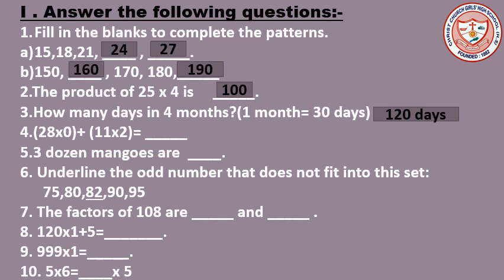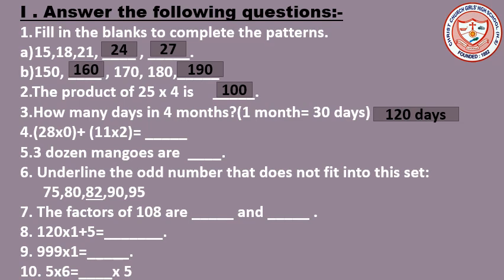Next, number 4. 28 into 0 plus 11 into 2. So here we are going to apply the properties of multiplication. We know if we multiply any number by 0, the answer will be 0.